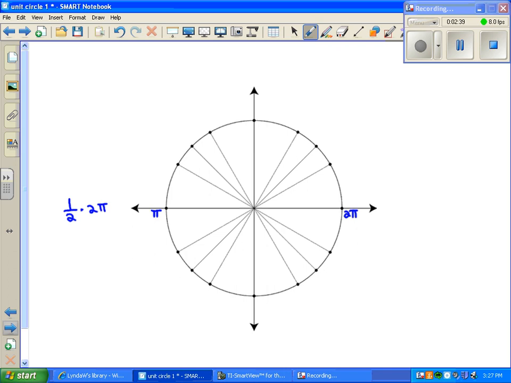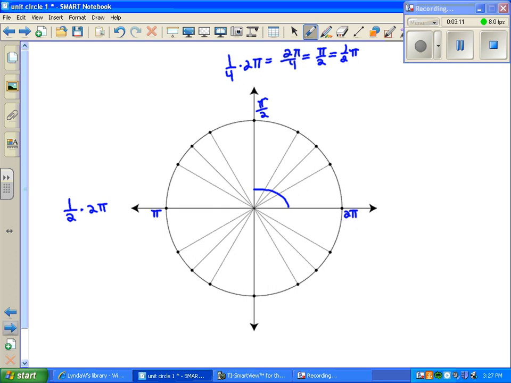And a fourth of the way around the circle, which corresponds to a 90-degree angle, is a fourth of 2 pi, which equals 2 pi over 4, which reduces down to pi over 2. You can write this as pi over 2, or as 1/2 pi, or just say half pi.